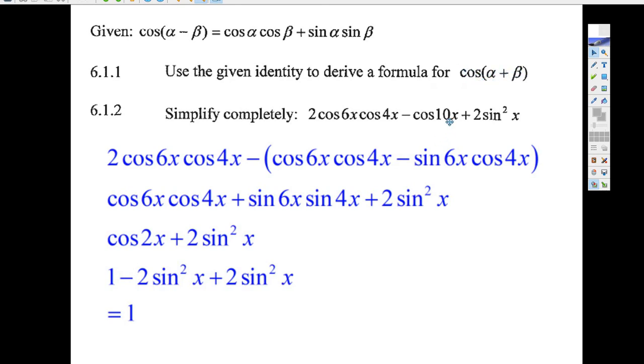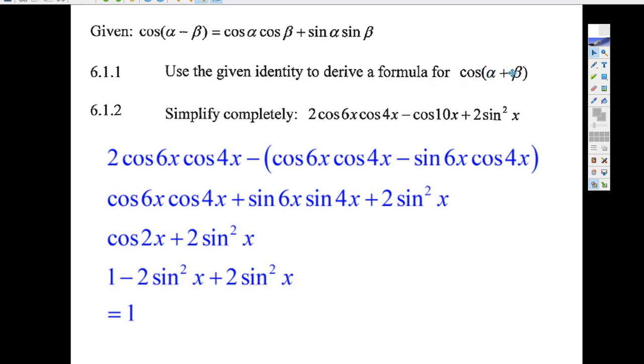So all we have to do is, instead of cosine 10x, make it the cosine of 6x plus 4x.